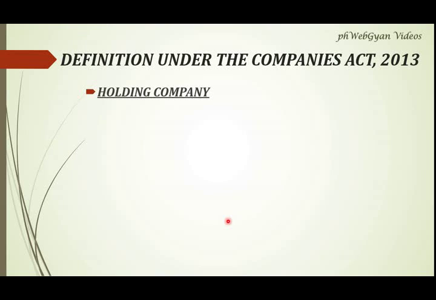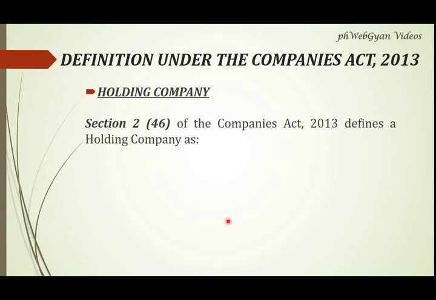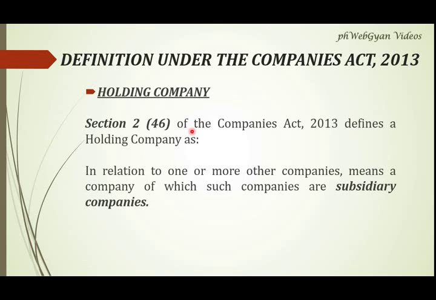Starting with holding company, Section 2 subsection 46 of the Companies Act 2013 defines holding company. Here it is to be emphasized that holding company has been defined with respect to the subsidiary company. So let's first read the definition and then we'll get into it.